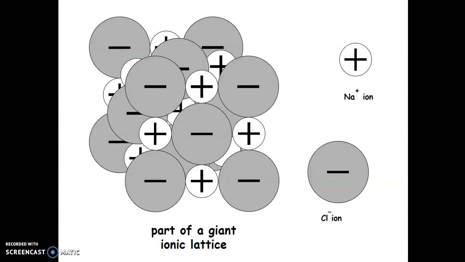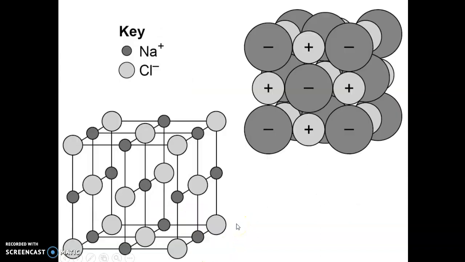Okay, now that is a very strong attraction, and that gives ionic compounds certain properties. Now, they form what we call ionic lattices, because the attractions between them are fairly uniform. They form what's called a lattice, which is a repeating structure. So what you get is positive and negative ions held in a set structure.